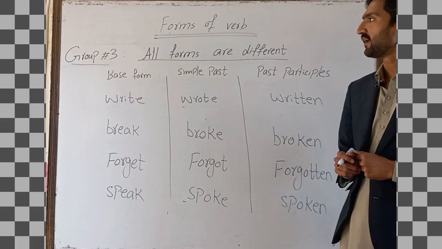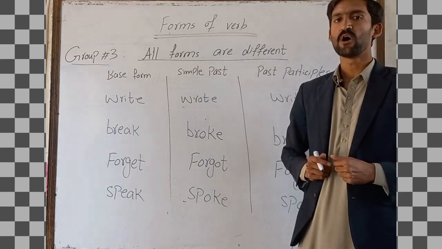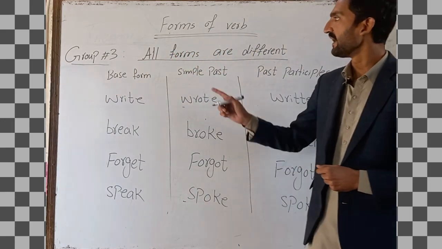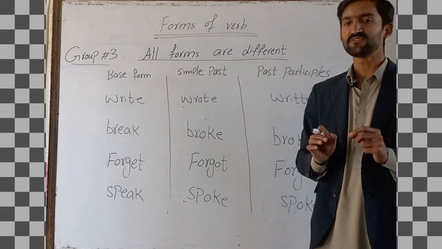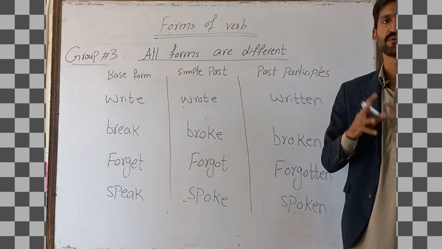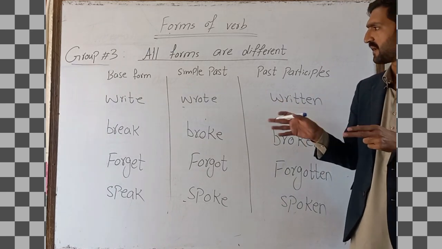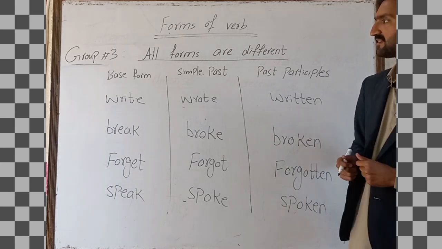So next we have another group of forms of verb. Here, all forms are different. So in this group of verbs we see that all forms of the word have different spellings and different pronunciation.